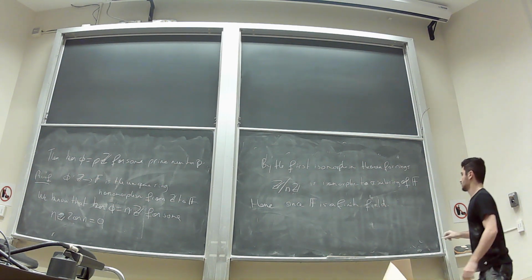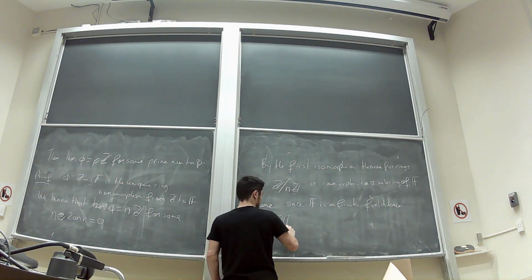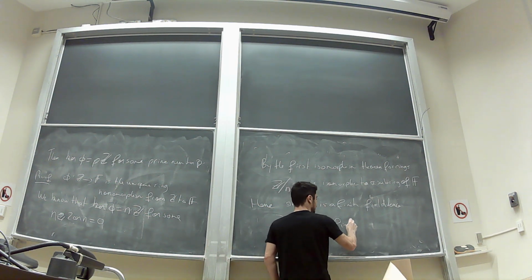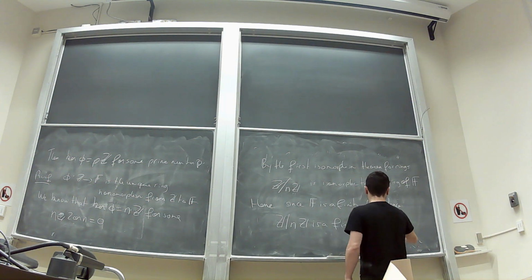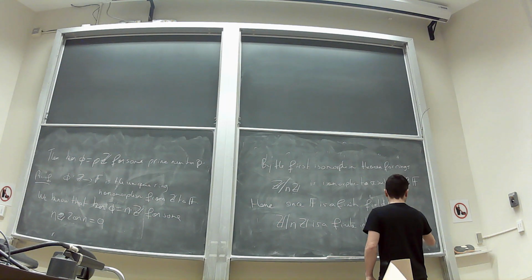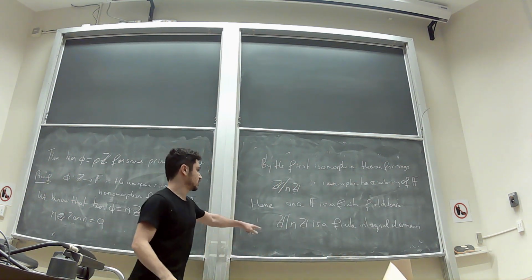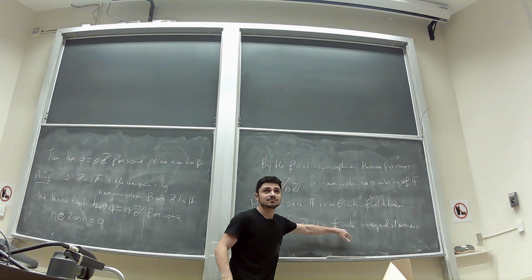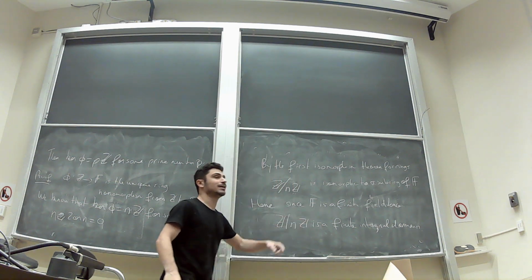Hence Z mod nZ is a finite integral domain, because any subring of an integral domain is an integral domain. So Z mod nZ is an integral domain and it's finite because F is finite. So what can I say? Z mod nZ is a finite integral domain.